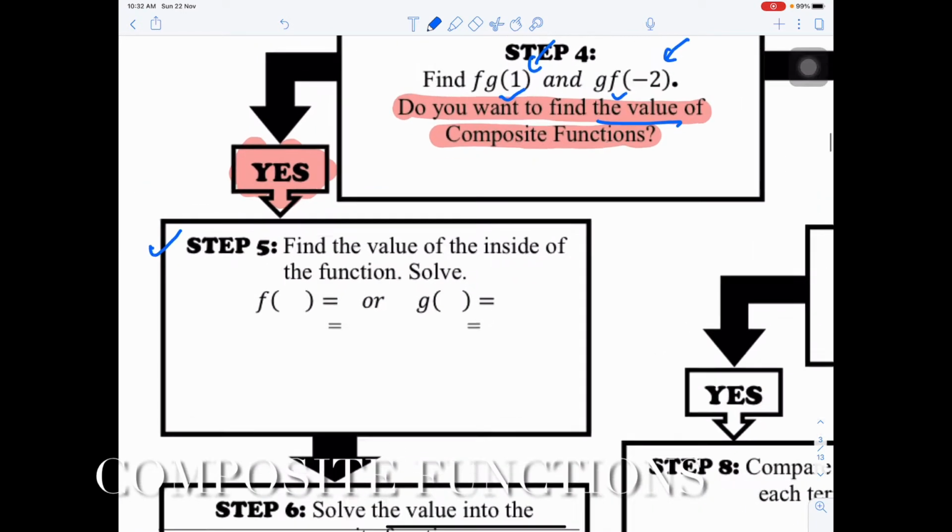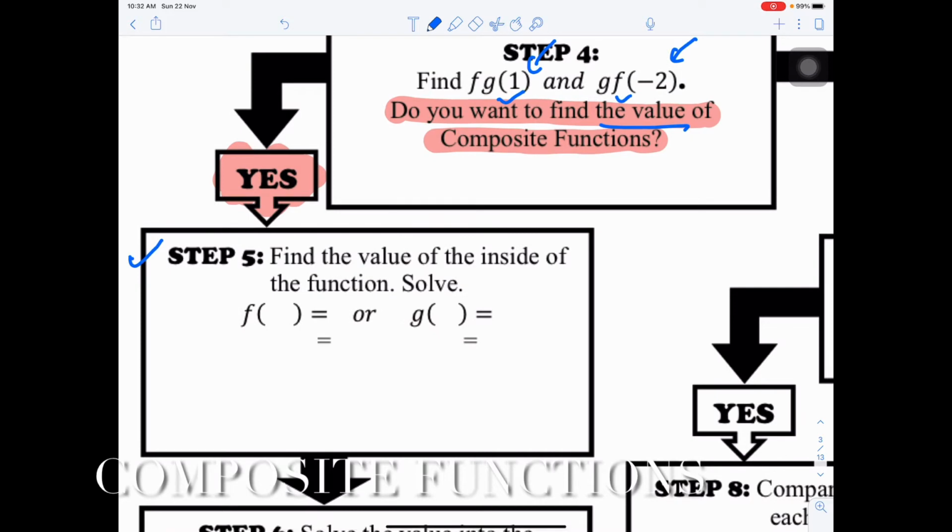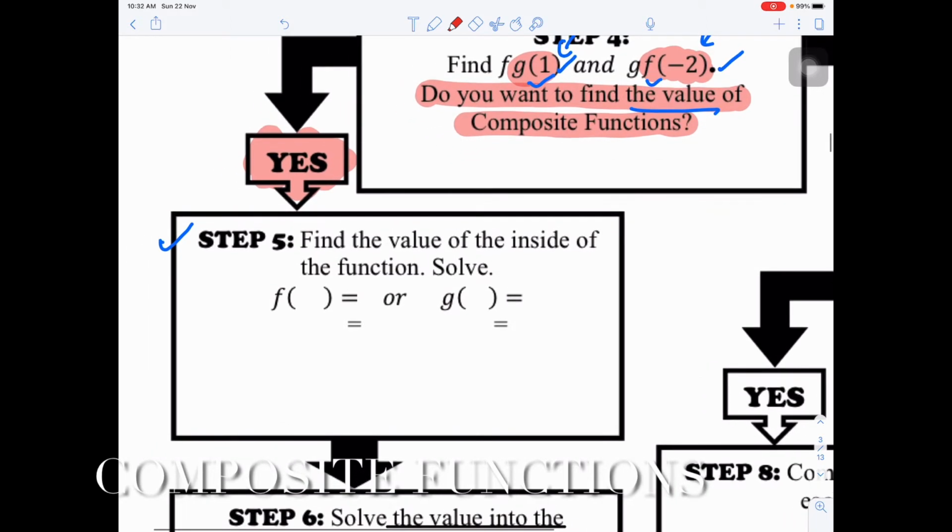If you want to find f(g(1)) or g(f(-2)), find the value of g(1) and f(-2) first. So f(-2) equals negative 2 squared plus 1, so we get 4 plus 1, therefore f(-2) equals 5.